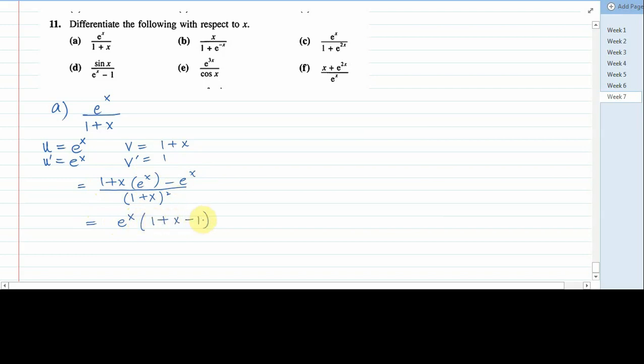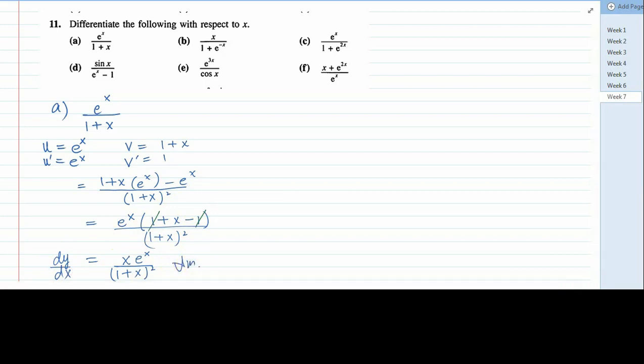This minus 1 is because of this exponential, because it is already taken as common. And in the denominator we have 1 plus x whole square. We can start simplification with plus 1 and minus 1 cancels. The leftover part is x e to the power x divided by 1 plus x whole square, that is your dy over dx, and that is your answer.